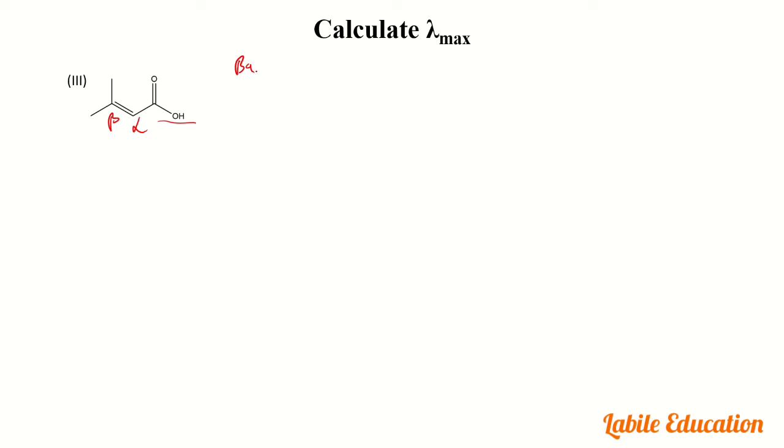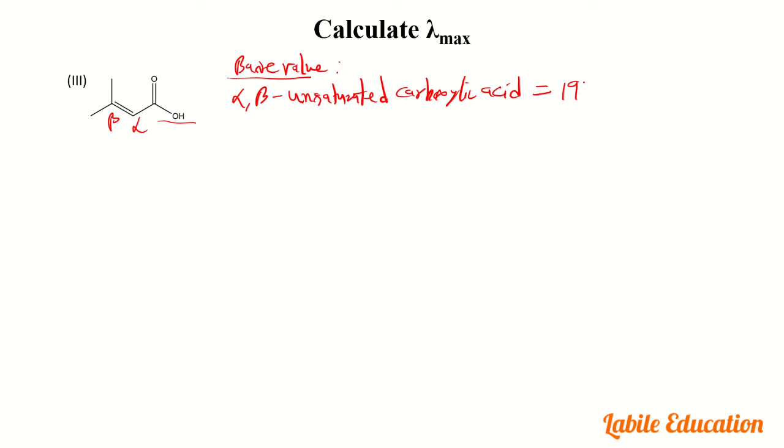So the base value for the alpha beta unsaturated carboxylic acid will be 197 nanometer, and then the increments values for different groups.